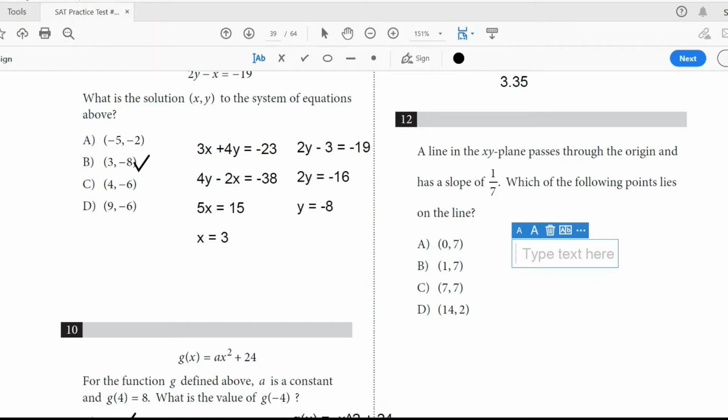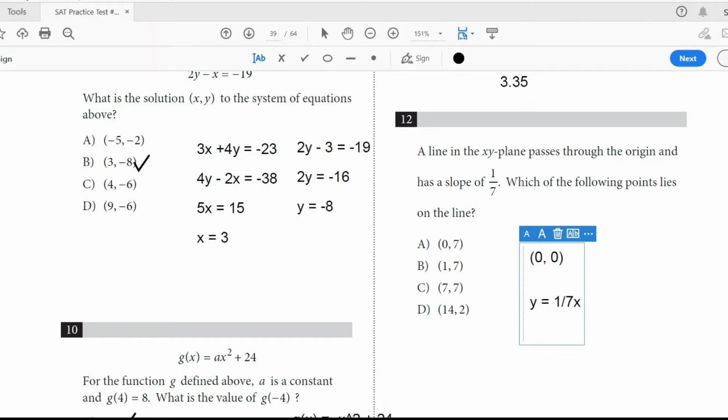So the origin would mean that it's 0, 0. Writing down the equation in slope-intercept form, we get y equals 1/7 x plus m. Now we solve for m, right? If this equals 0 and this equals 0, there's no y-intercept. So y equals 1/7 x.